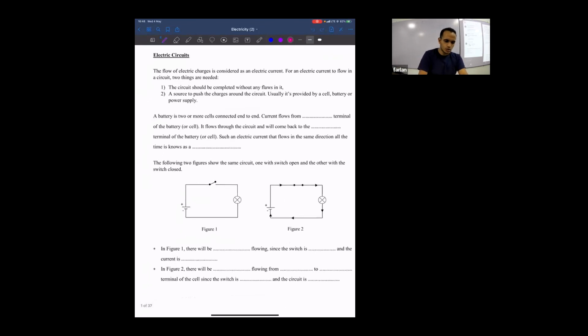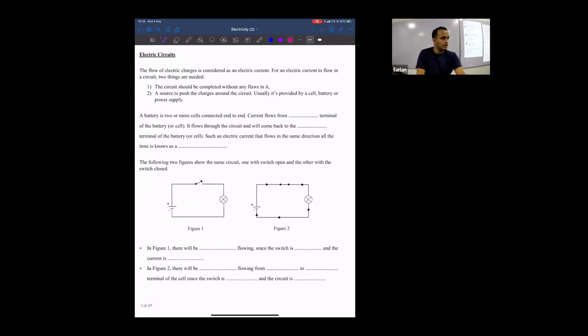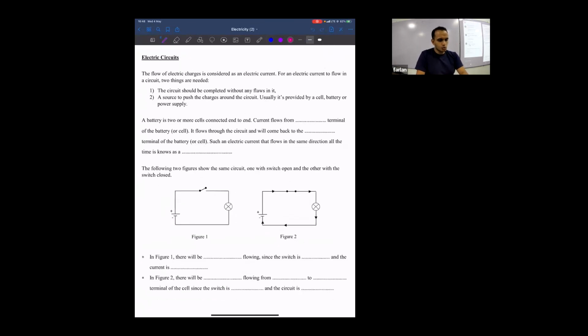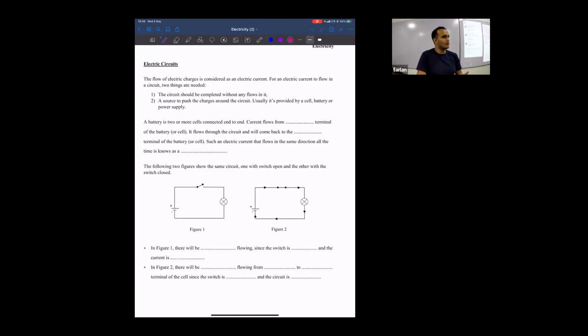Okay. So guys, listen. Then the next one. A battery is two or more cells connected together. If you take two or more cells and connect them together, you call it a battery. Current flows from the blank terminal of the battery. It flows through the circuit and will come back to the blank terminal of the cell or the battery. Such an electric current that flows in the same direction all the time is known as a blank.